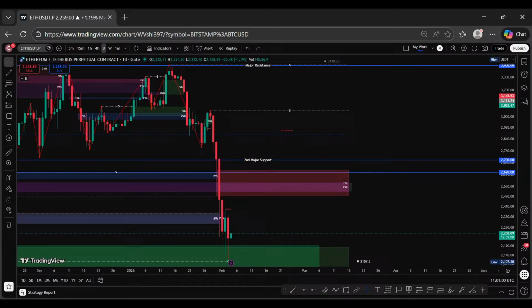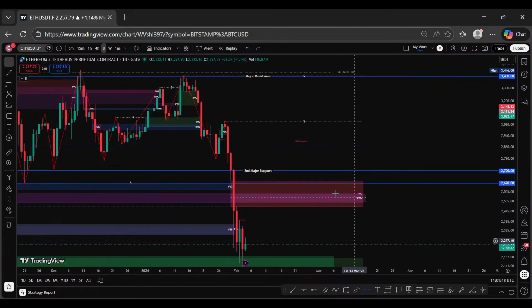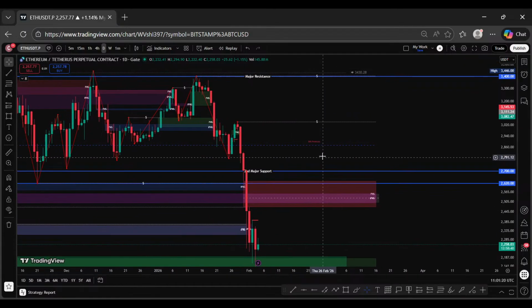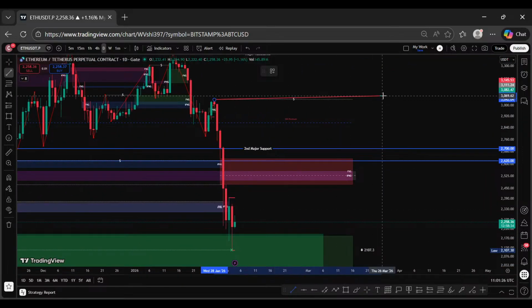Okay, so this is our fair value gap, which you can see, and that's a premium. So I think this is our Asian high.